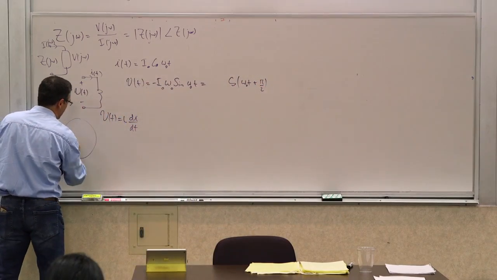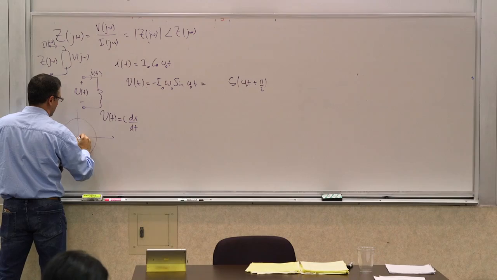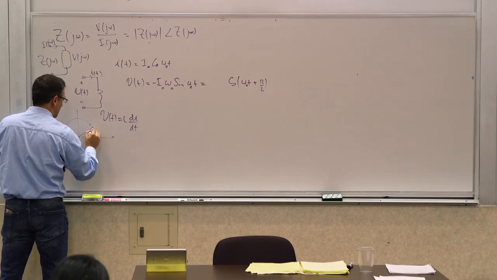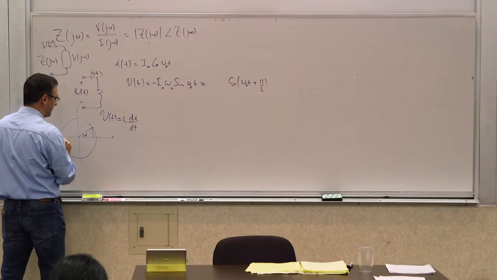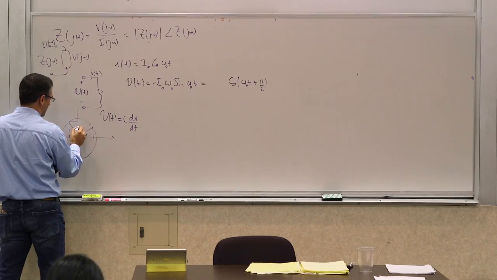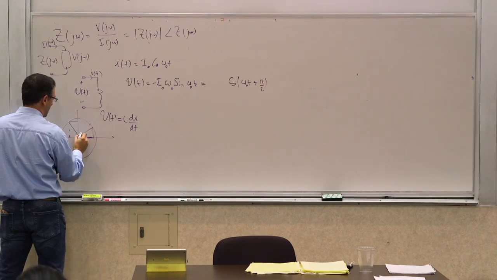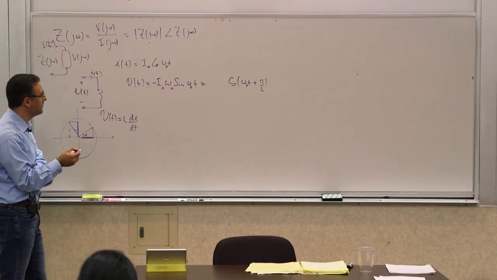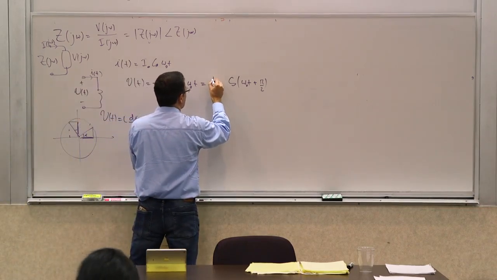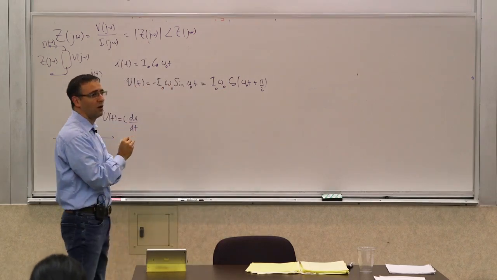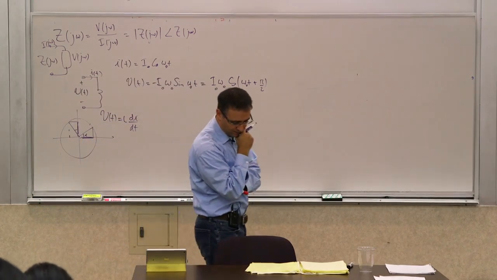And you can see that: if this is cosine of alpha, this is negative sine, so this is the cosine of alpha plus pi over 2. So you can write this as I0 omega naught cosine of omega 0 t plus alpha.